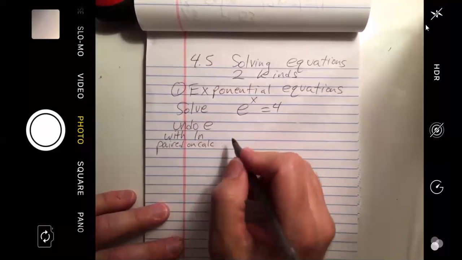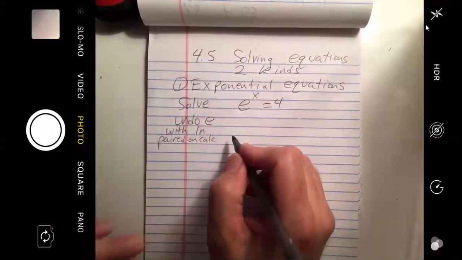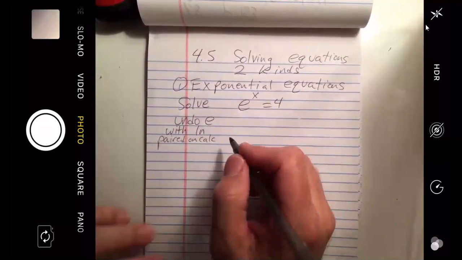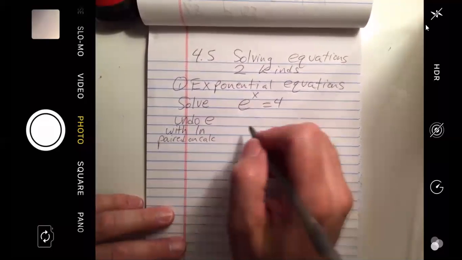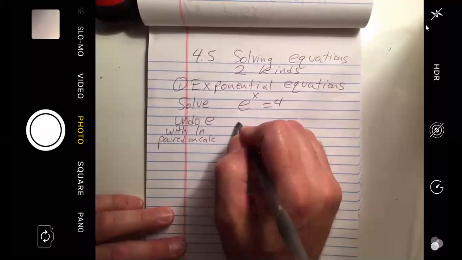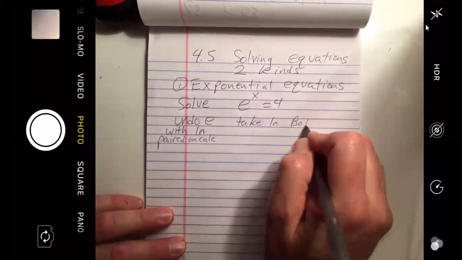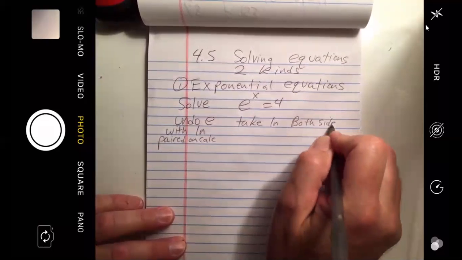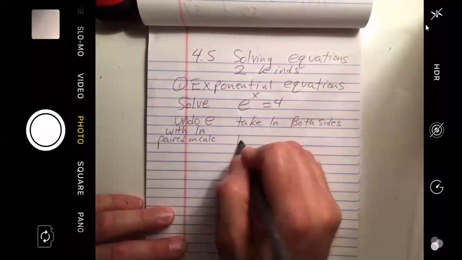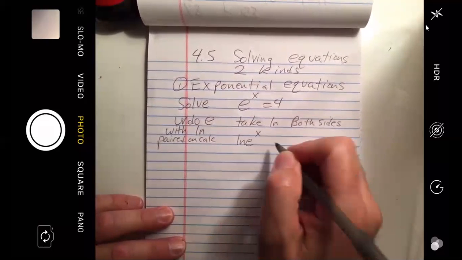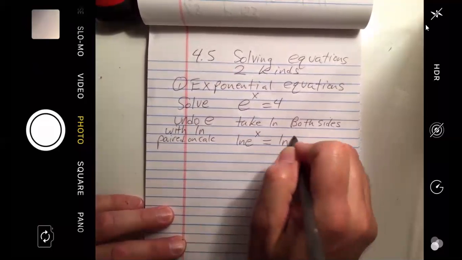Functions that undo each other are paired on the same key. It's how your calculator is constructed. So we take ln of both sides: an ln of e to the x, and on the other side an ln of 4.